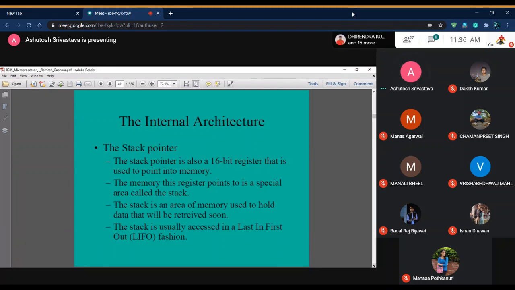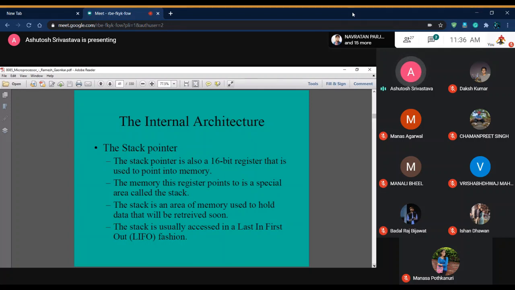This stack is accessed in a last in, first out fashion.